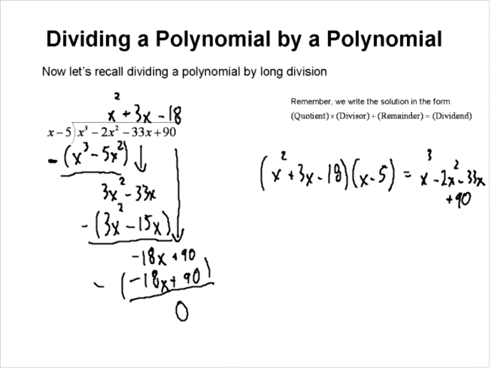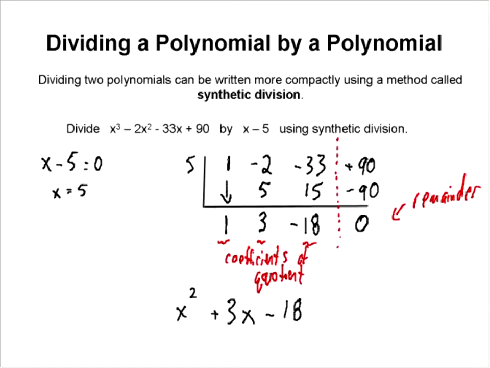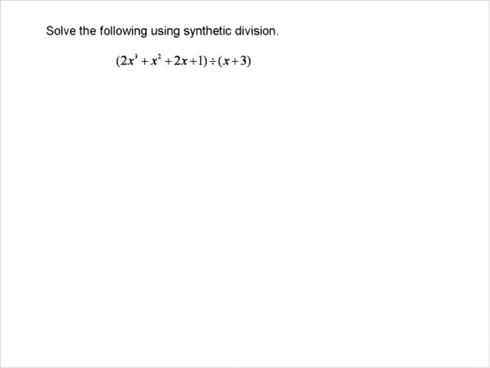And that is exactly the same answer that we got when we were doing long division. So synthetic division is a bit tricky at first, but very, very simple, and makes the long division very, very easy.